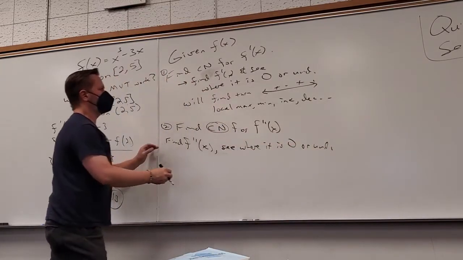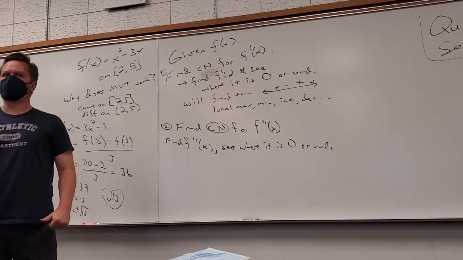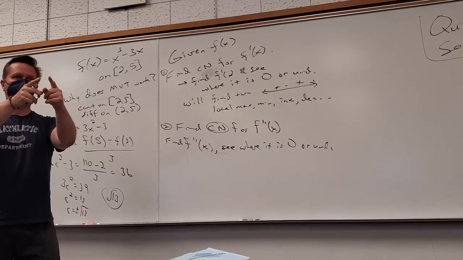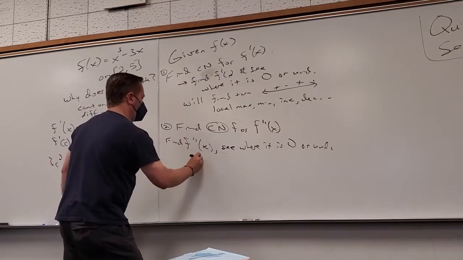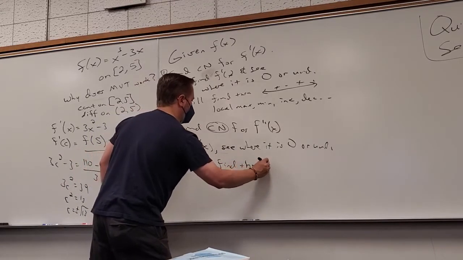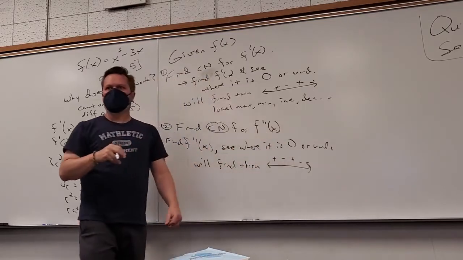And these critical numbers are the possible locations of what things? Inflection points, right? So now we'll find through the good old number line, or the big box thing if you want to do the book's method. It's up to you.